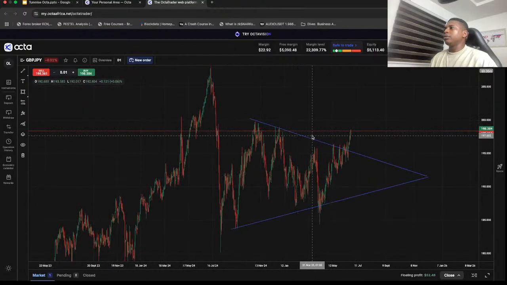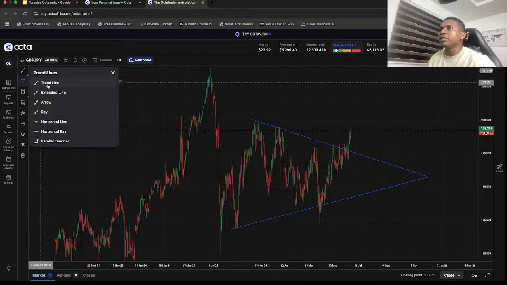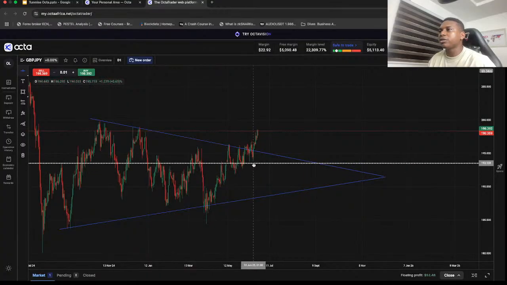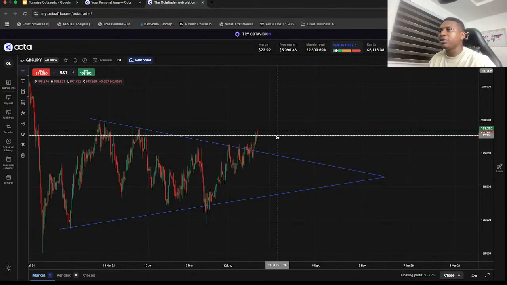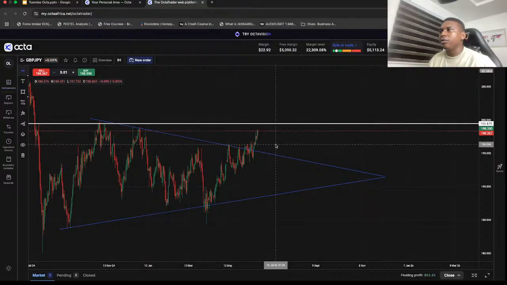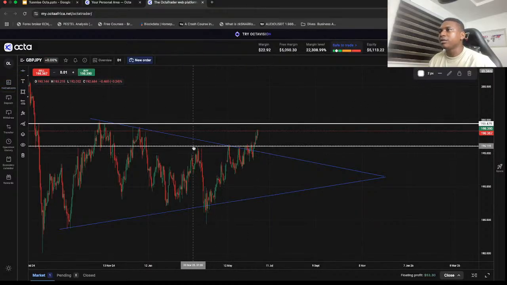Okay, so from this level, let's map out levels of support and resistance. We have one level of resistance here.